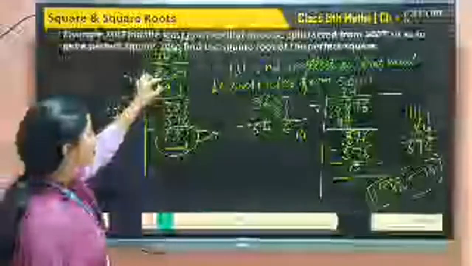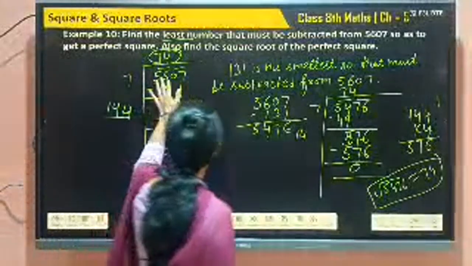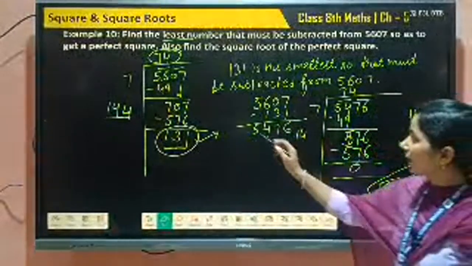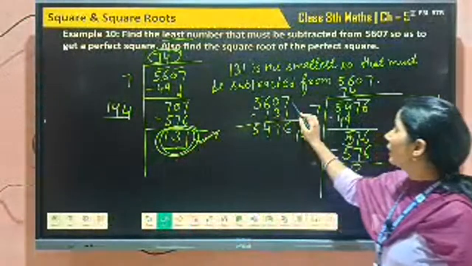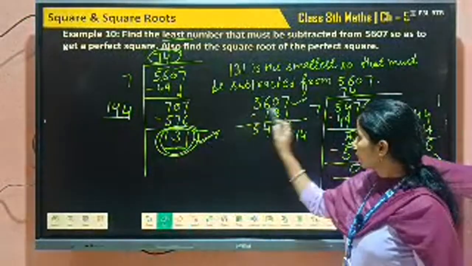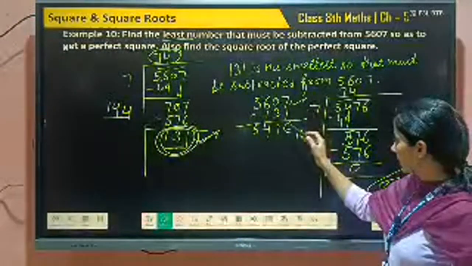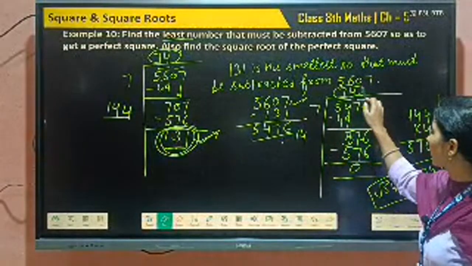We need to find the least number that must be subtracted from the given number so that it will become a perfect square number. So we find its square root by the division method, and at last whatever remainder we get, we have to subtract it from the given number. After subtracting, we got this number, and its square root will be 74.